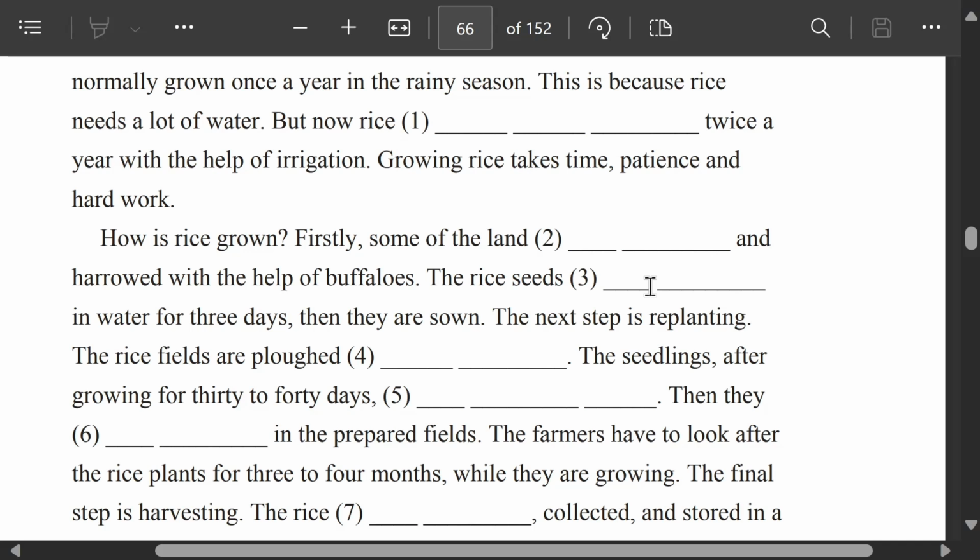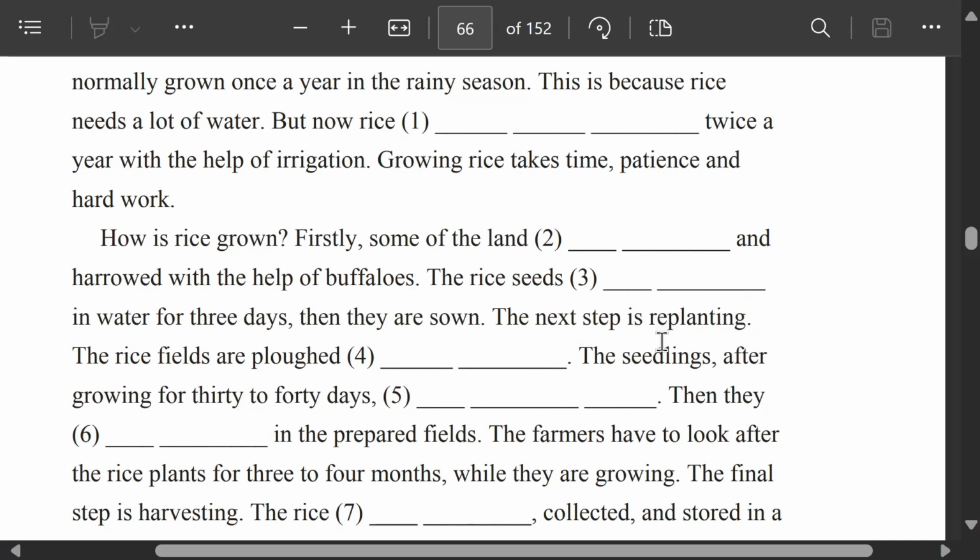To submerge in water. But not too much water, a little water. So the rice seeds are soaked in water for 3 days. Then they are sown. Sown is like planting, right? The next step is replanting, right?